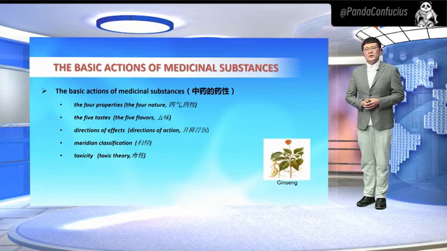They are also the essence of the experience accumulated in the clinical use of medicinal substances through thousands of years. At the same time, they work as the clarification of the Chinese materia medica's efficacy mechanism, as well as the theoretical basis for understanding and utilizing Chinese materia medica under the guidance of the TCM theory.